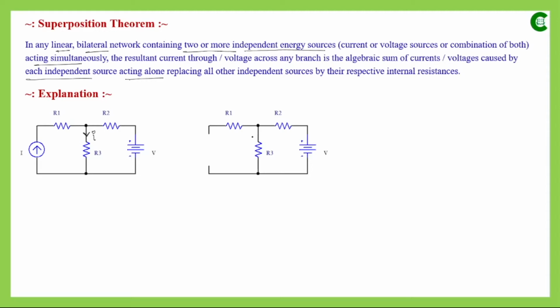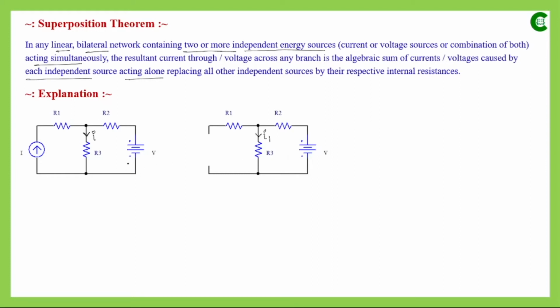Then we will find the current flowing through the concerned resistor because of that source. In the following steps we will consider the other energy sources acting alone, deactivating all other independent energy sources.